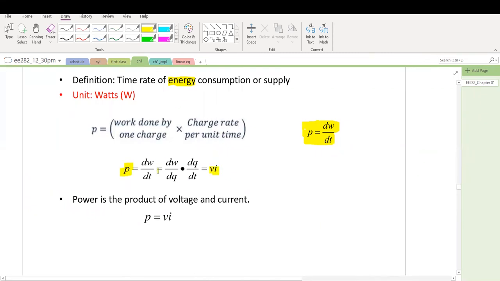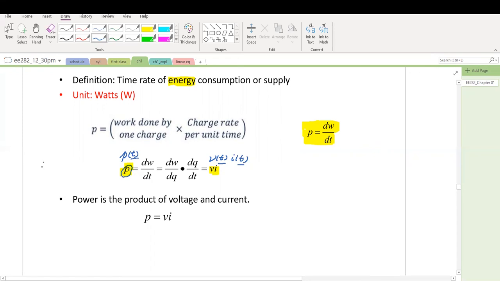In the notation in our textbook, sometimes they drop the t bracket here. So it really should be P of t, and this would be V of t and I of t. But sometimes they drop this t, the argument, to simplify the notation. Otherwise, sometimes it's bulky. If the letter is lowercase, chances are the quantity is a function of time.